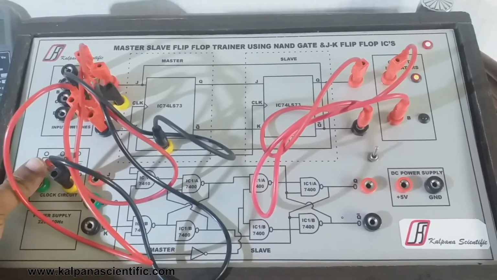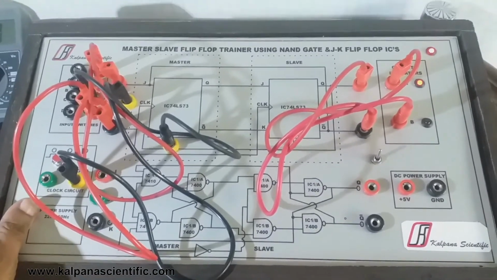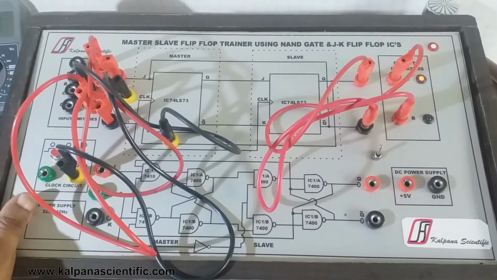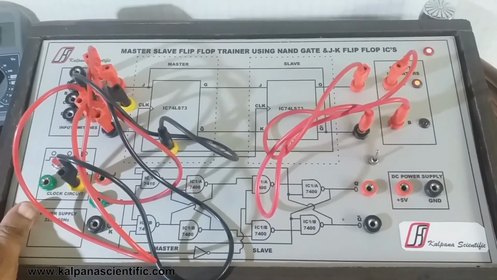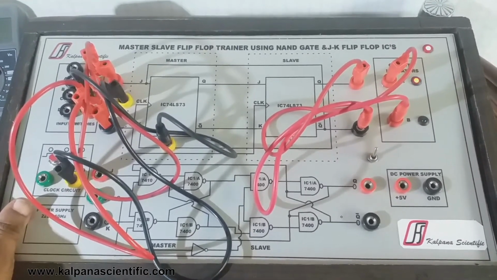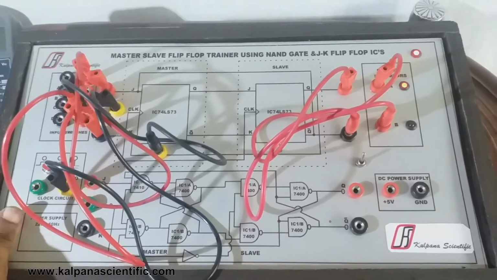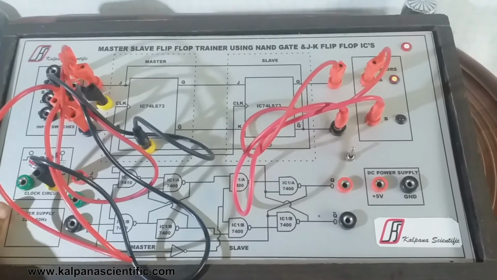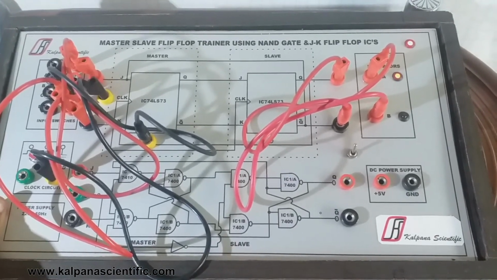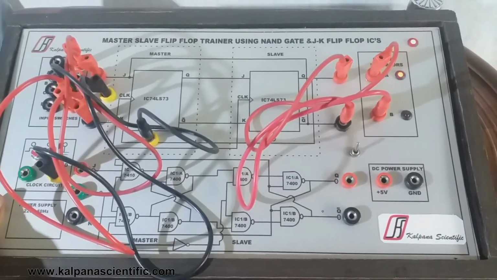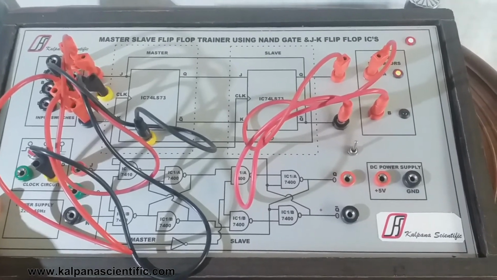Here we can see after the application of clock pulse, the output Q changes its state to logic high and the output Q bar changes its state to logic low. So the output has toggled their state.